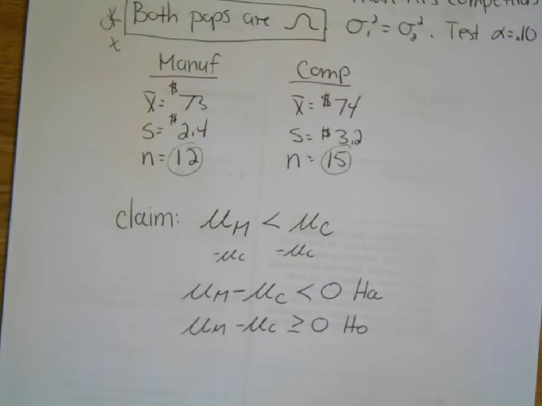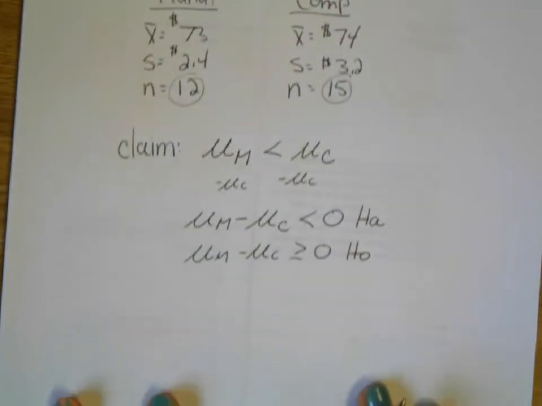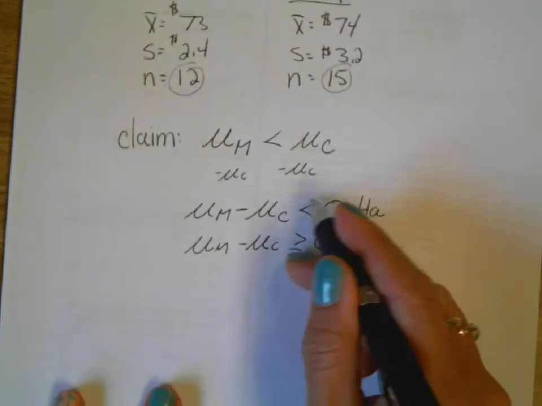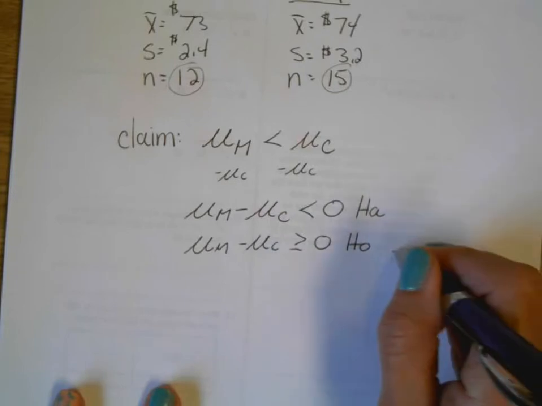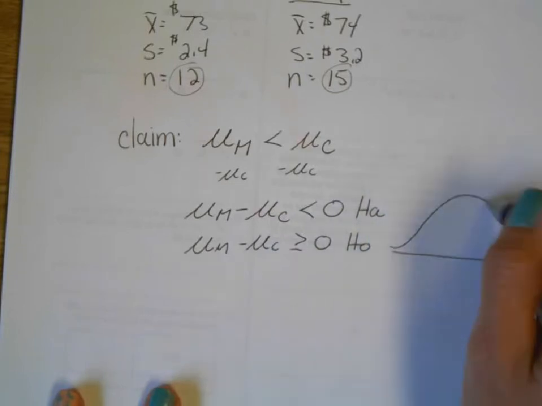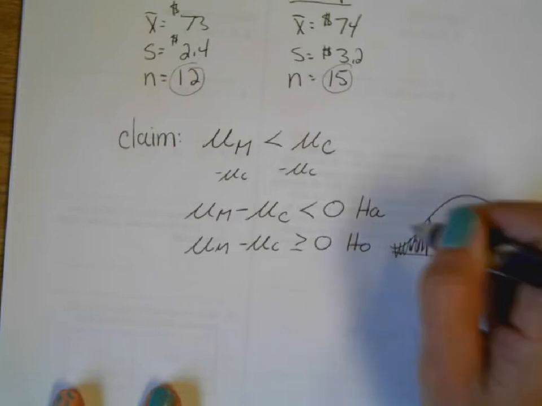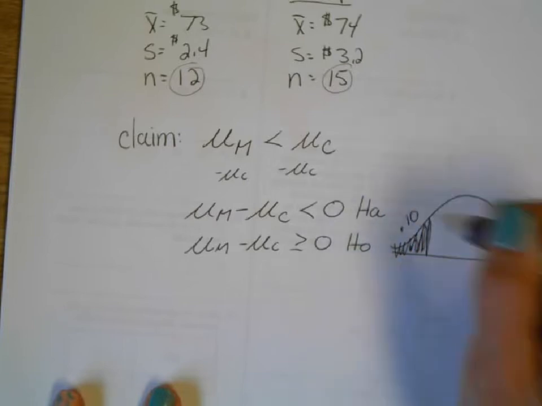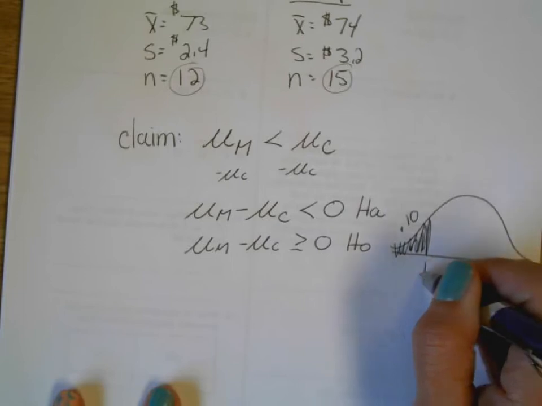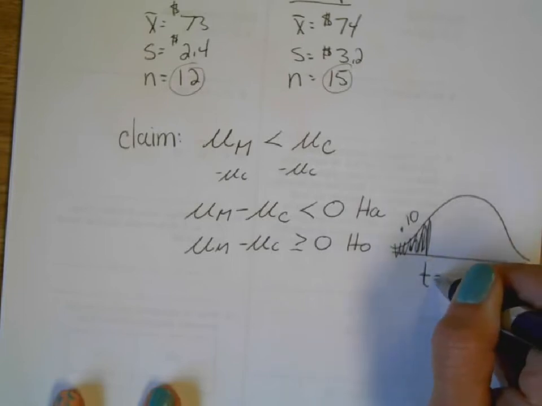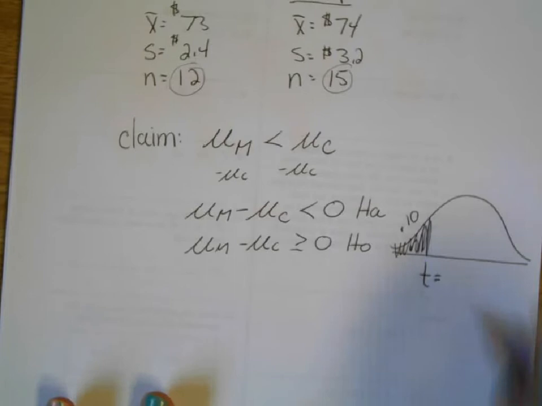Okay, left tail, right tail, two tail? Left tail because the Ha is pointing left. At 0.10, and this critical value is a T, not a Z. To read the T table, you need your degrees of freedom.